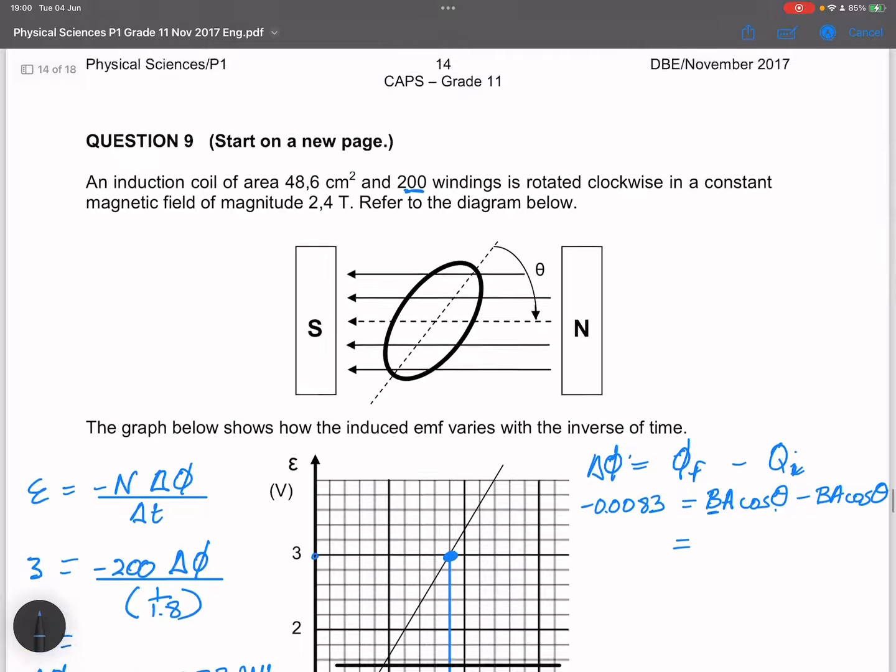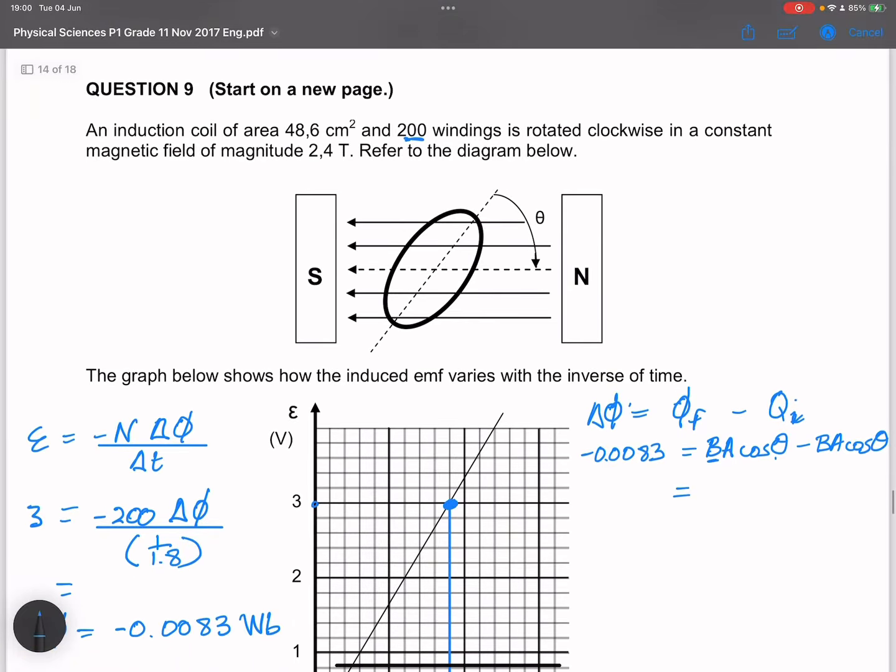So we know in this case we were given the magnetic field was 2.4, right? So this is going to be 2.4 multiplied by the area, which is given to us as 48.6, right, cubic centimeters. Now note that finally we said that it will be at 90 degrees.